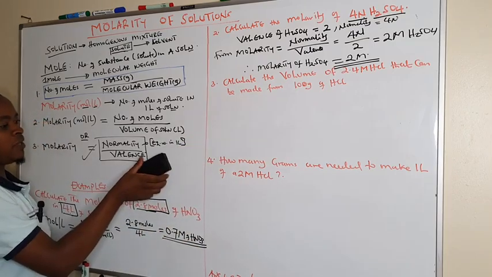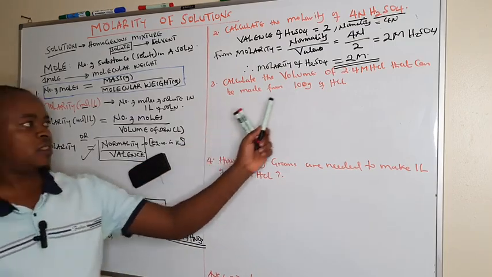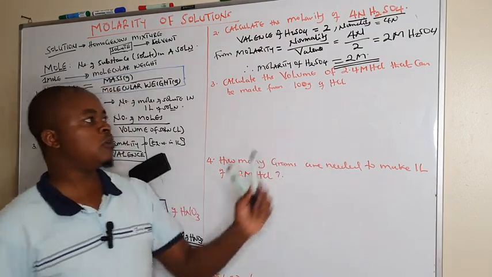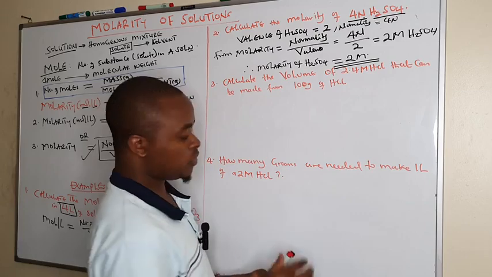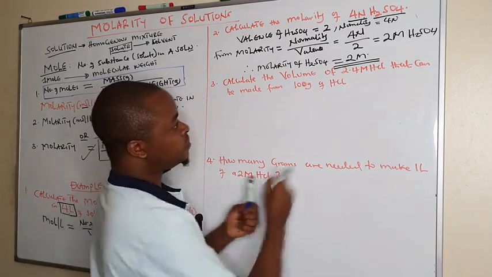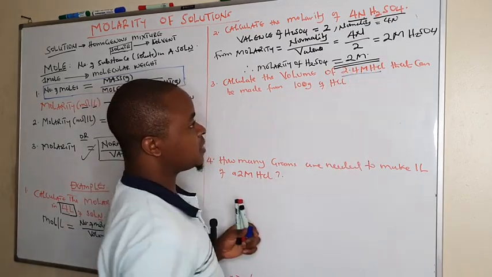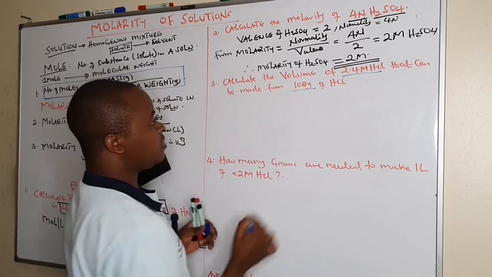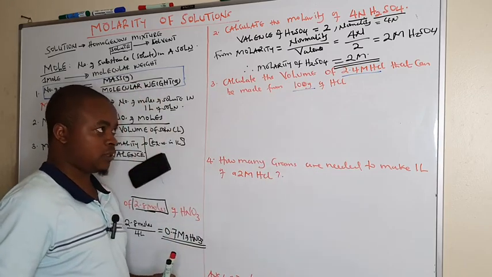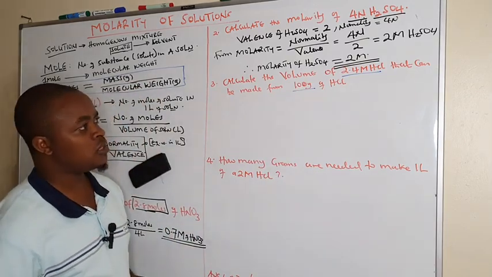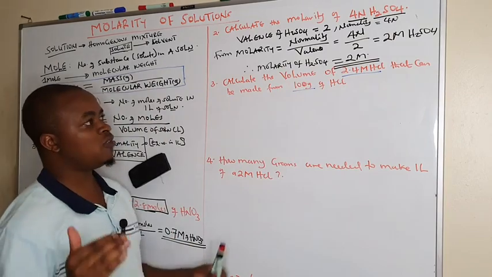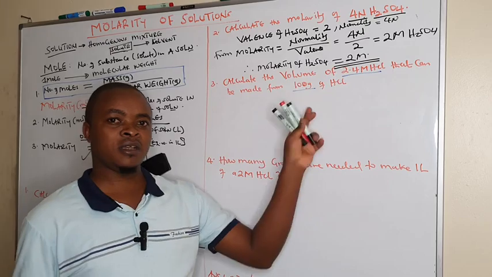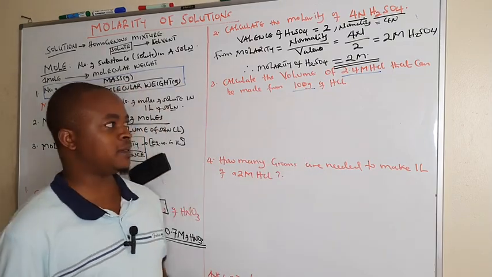Then number 3 is asking you to calculate the volume of 2 molar hydrochloric acid that can be made from 100 grams of hydrochloric acid. So in this question, before you approach it, you have to know what is given, then you look at your different formulas.